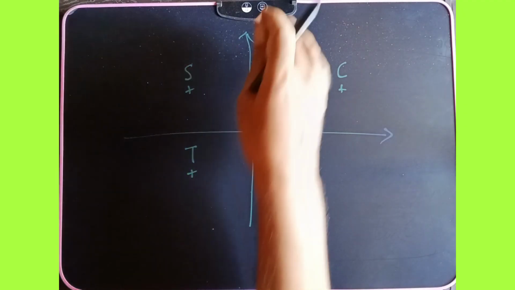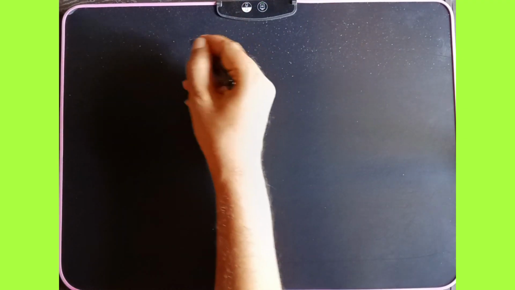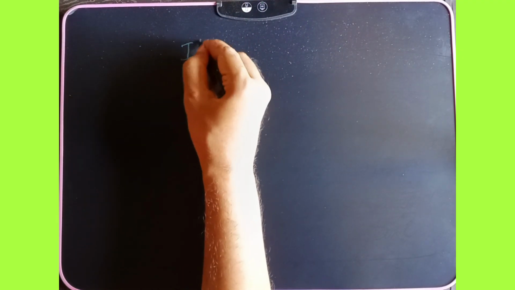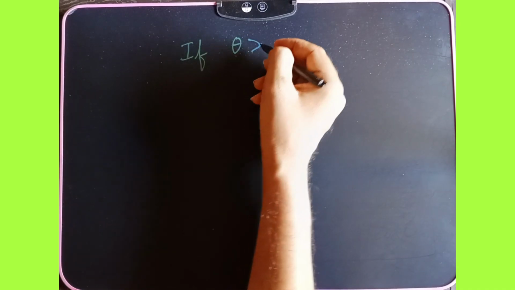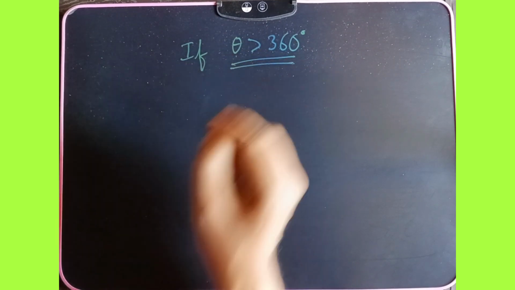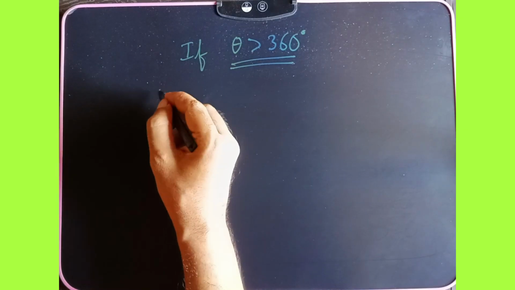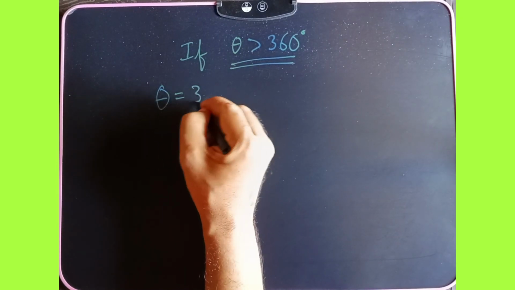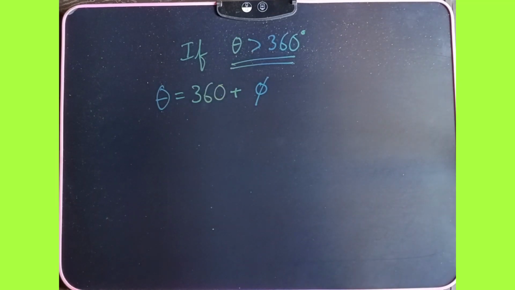Now what if theta is more than 360? If theta is greater than 360, can we say theta is equal to 360 plus phi, the additional angle?